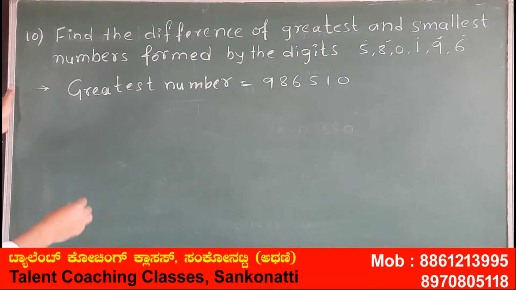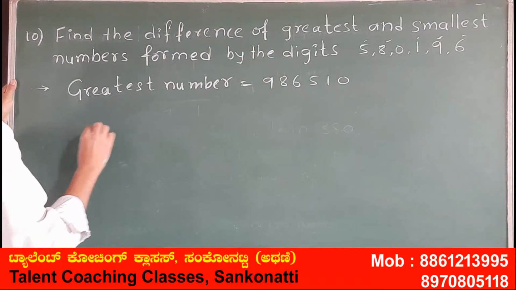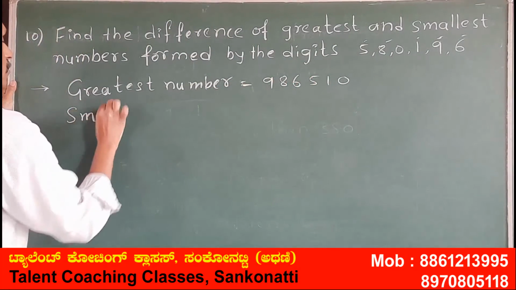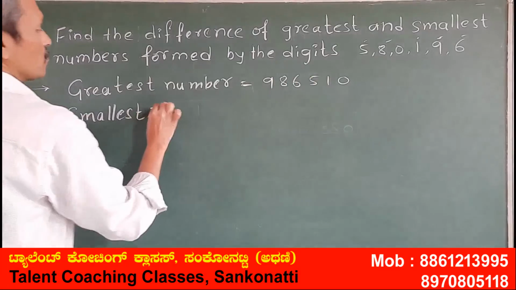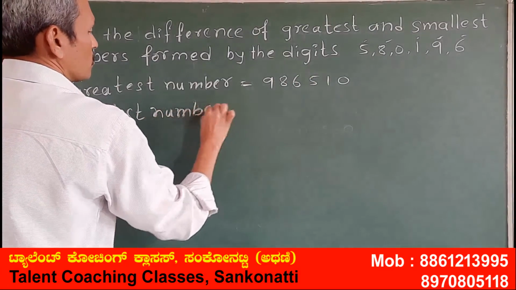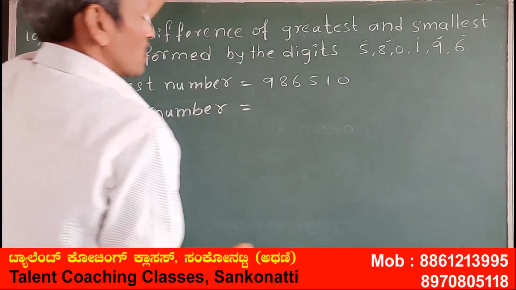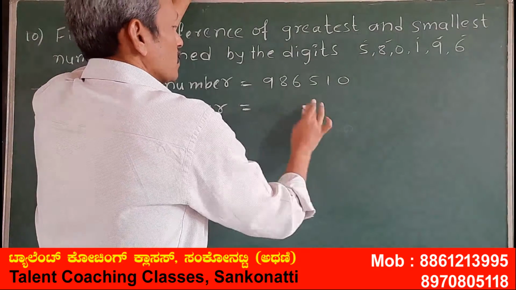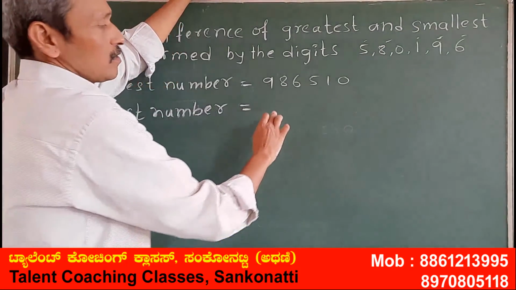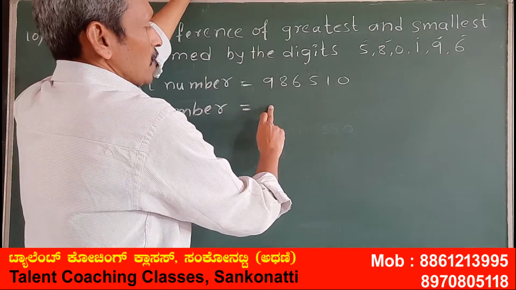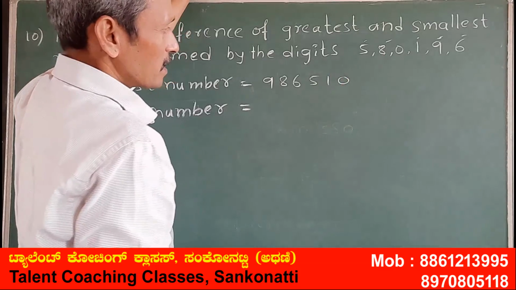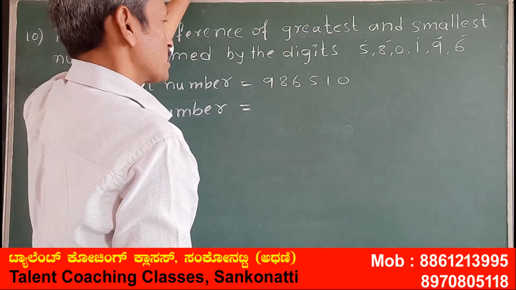And similarly we write the smallest number using these digits. What is the smallest number? See here. We cannot write 0 at the highest place. So if 0 is present in the given digits, we write it in the second highest place.